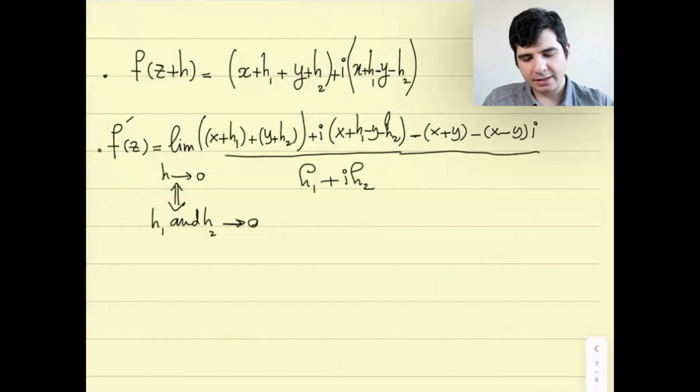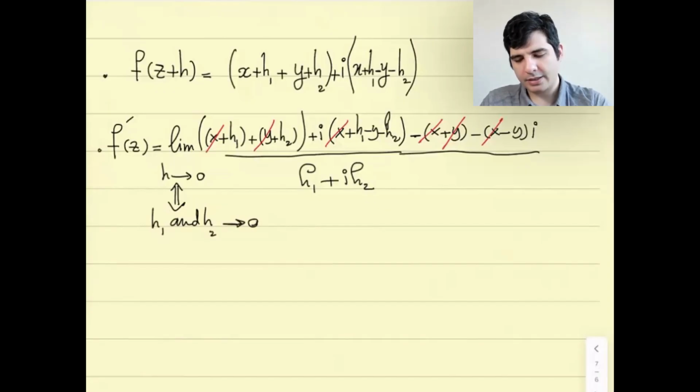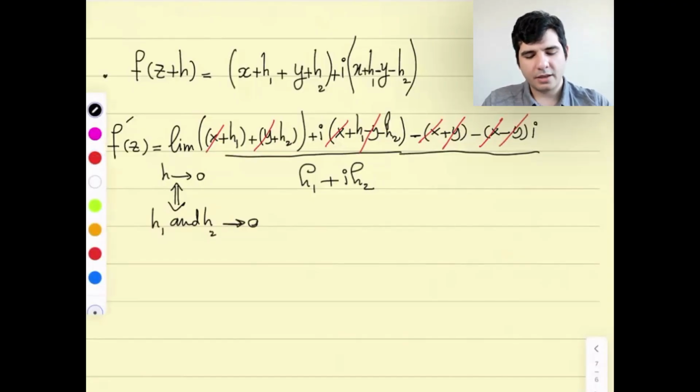So here we can cancel x with minus x. We can cancel y with minus y. We can cancel here ix with minus ix. We can cancel minus iy with minus iy here. What remains is the following.